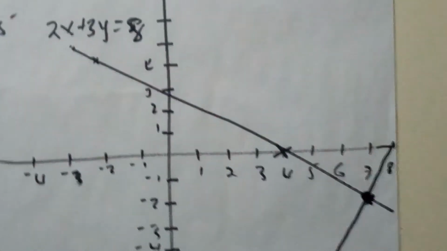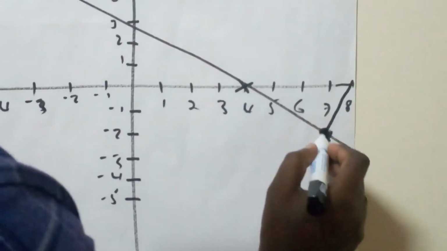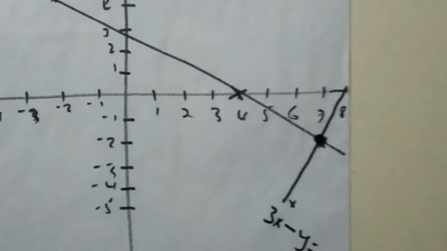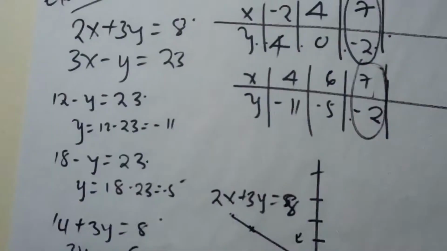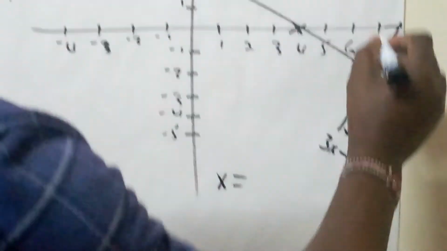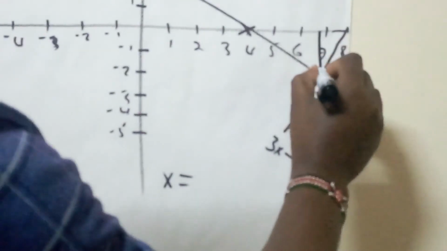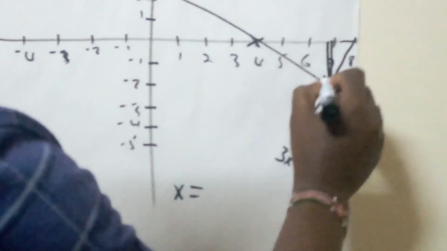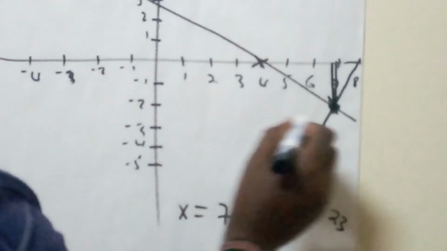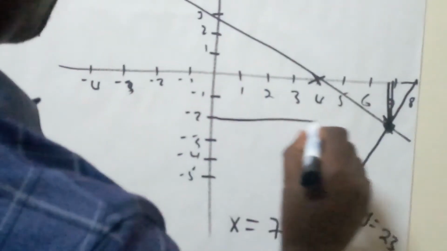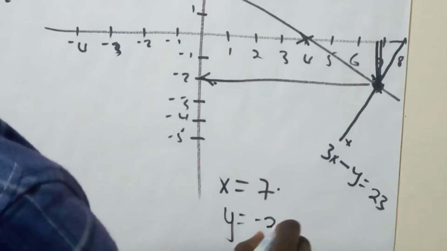The values of x and y are the coordinates of the point of intersection. So in this case, the solutions of these two simultaneous equations, you'll find that x is equal to the value of x at the point of intersection, which is basically 7, and y is the value of y at the point of intersection, y is equal to negative 2.